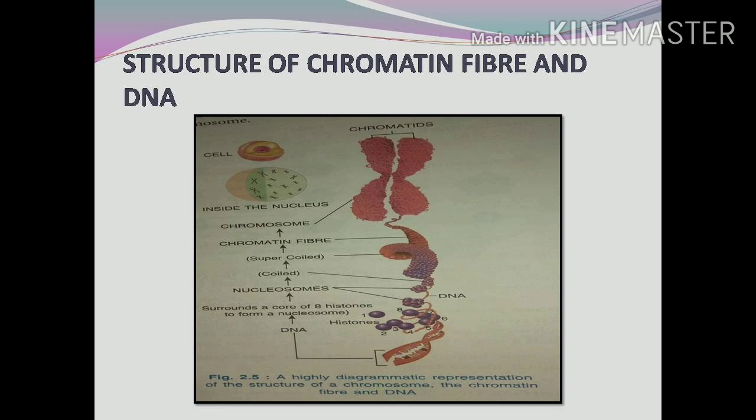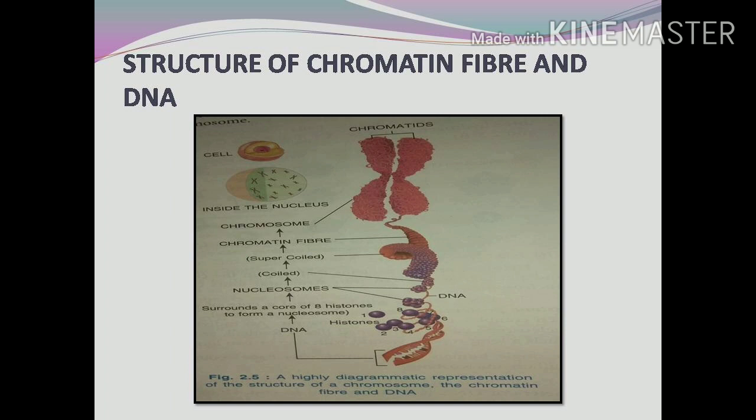The entire chromatin fiber is coiled and supercoiled, something like the coils and supercoils we see in a typical telephone cord, eventually forming chromosomes. In the diagram you can observe histones surrounded by DNA, so that part is called a nucleosome.